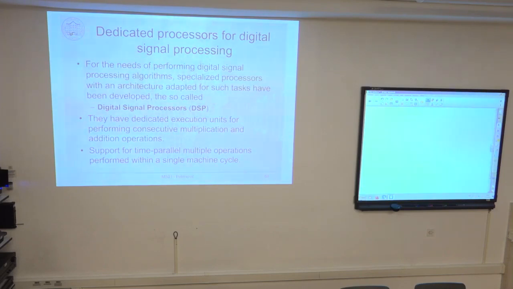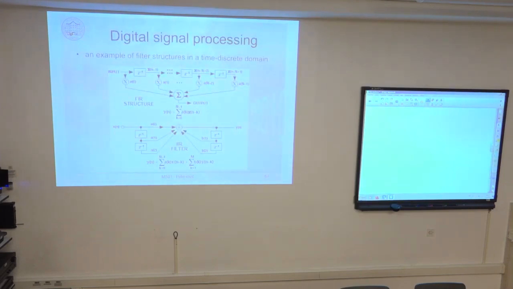What they can also do is fetch another pair of arguments for the next multiply and accumulate operation. Because you have to fetch these arguments from memory into internal registers of the processor. So you have to combine this fetch together with multiplication and addition of the previously fetched pair. So you have the currently, let's say, fetched pair.